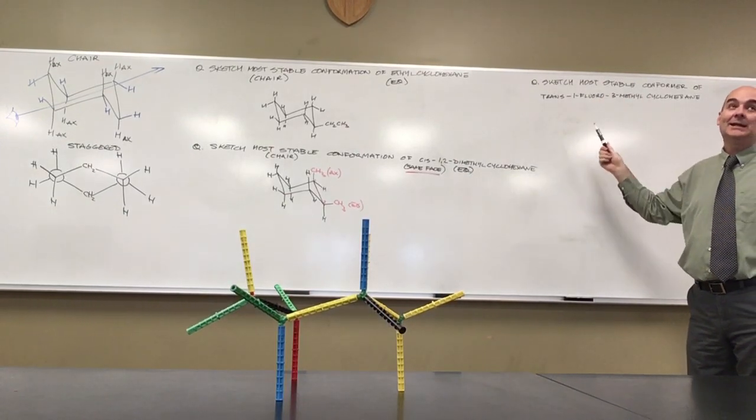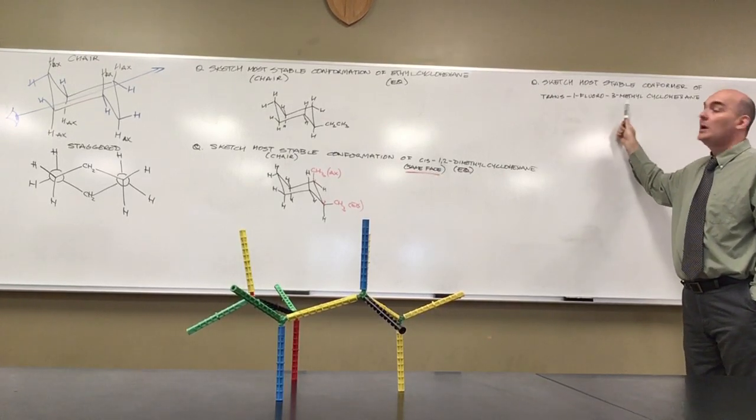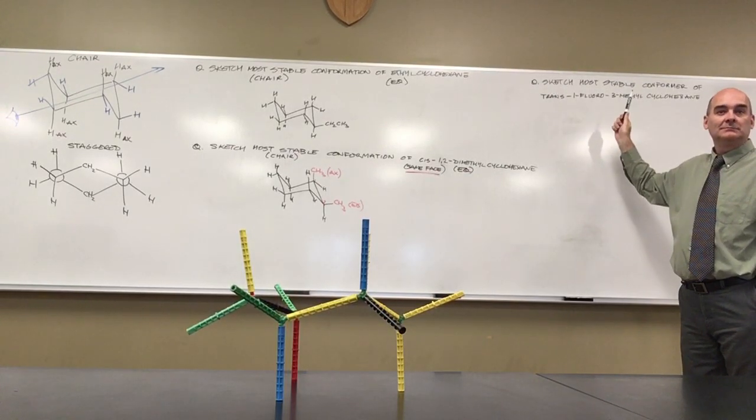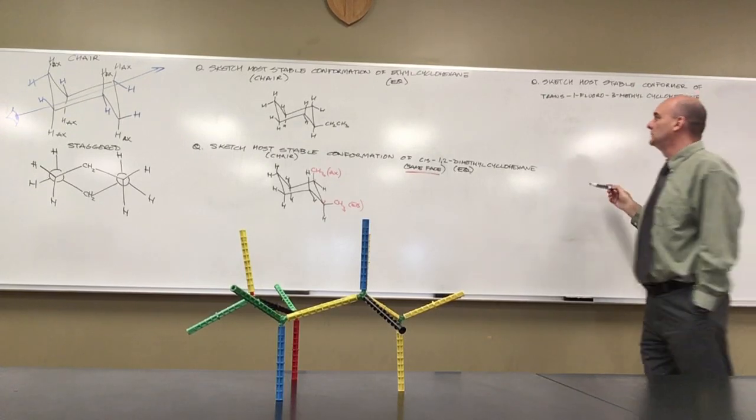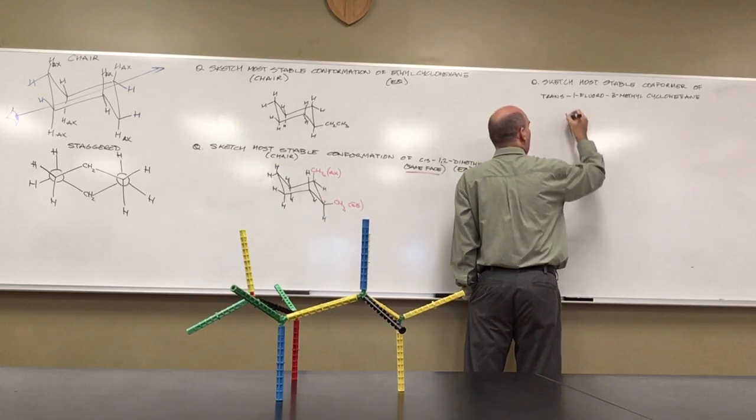So technically, this should go the other way. It should be 3 fluoro 1 methyl. It's a check.